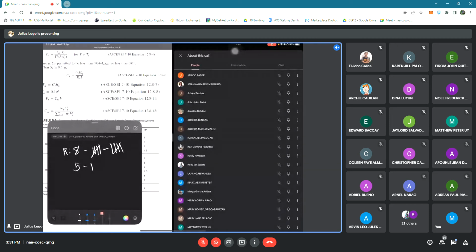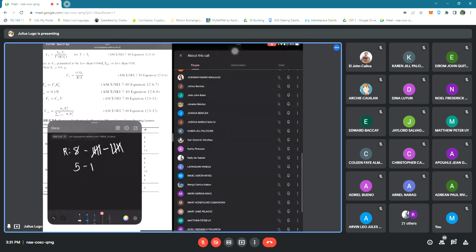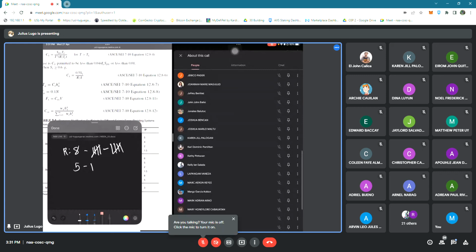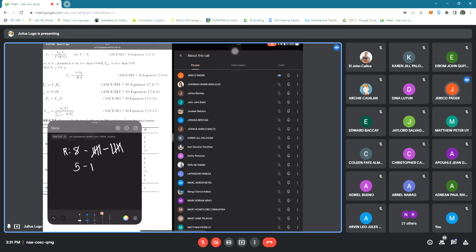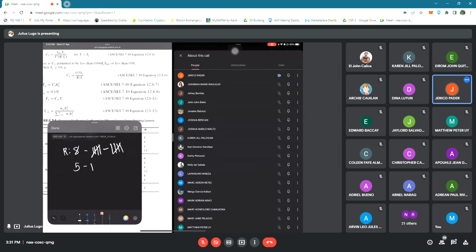Okay, wala din to si Pader. Final call for Pader. Sir, meron po. Oh, why 8? Kasi base po sa problem is concrete frame po siya.